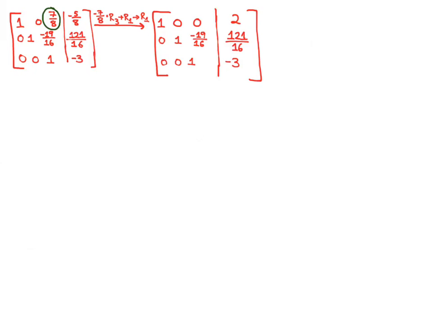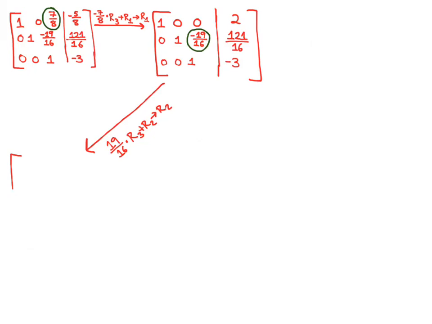Okay, one last piece of business, and I hope you know what it is by now. That has got to turn into a 0. My recommendation to make that happen would be to take the third row and multiply it by 19/16, add it to the second row, and stick your answer in the second row.